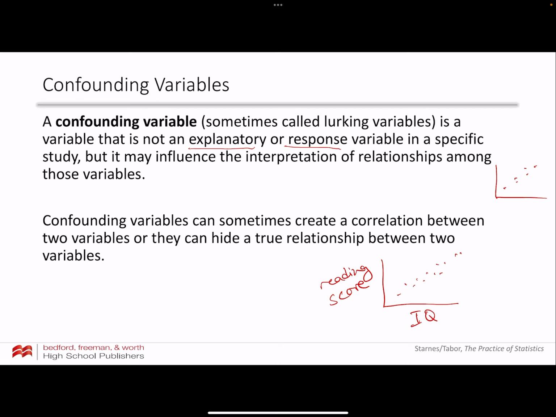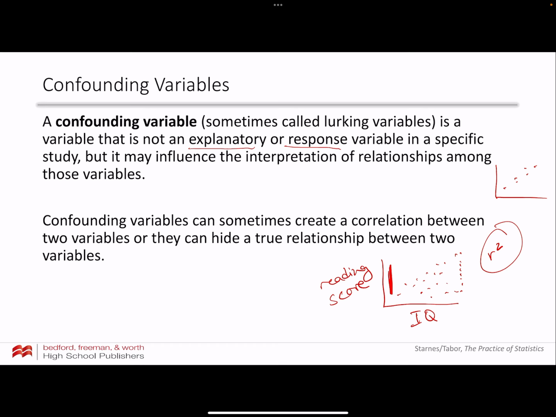And remember when we talked about R squared, it's what percent of the variability in the reading score is because of the IQ. In other words, as the IQ is going up, the reading score also tends to go up, but is the reading score going up directly as a result of the IQ going up? Well, the R squared tells you what percent of the variability in the reading score the IQ can be attributed to.